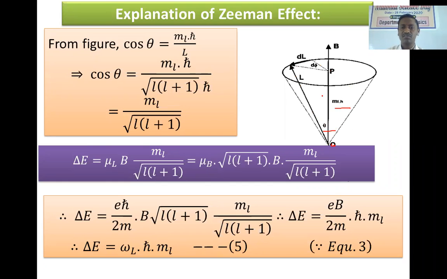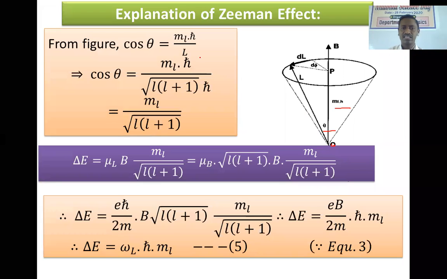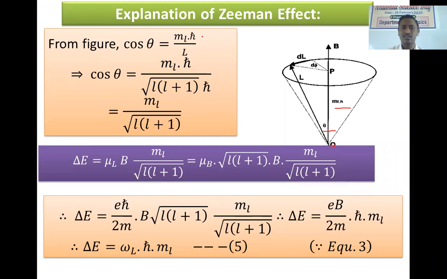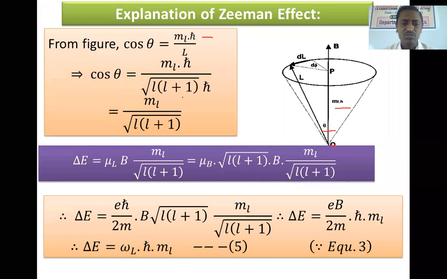So for this figure, we can find the value of cos theta. Cos theta equals adjacent side upon hypotenuse, that is ml into h cross divided by capital L. Now put the value of capital L from equation number 1, which is under root of small l, l plus 1 into h cross.